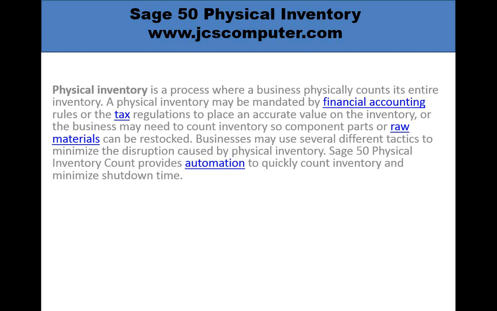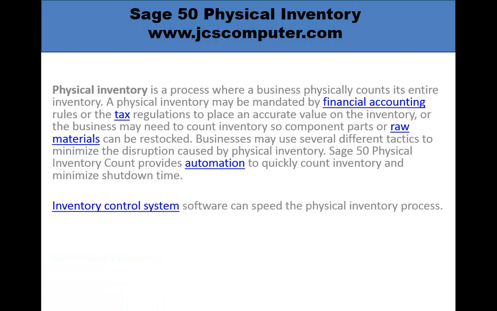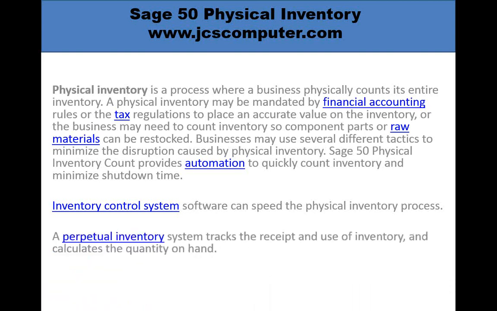The Sage 50 physical inventory count application automates the process to quickly count your inventory and minimize your shutdown time. So the EzScan gives you an inventory control system that will speed up the physical inventory process for you.